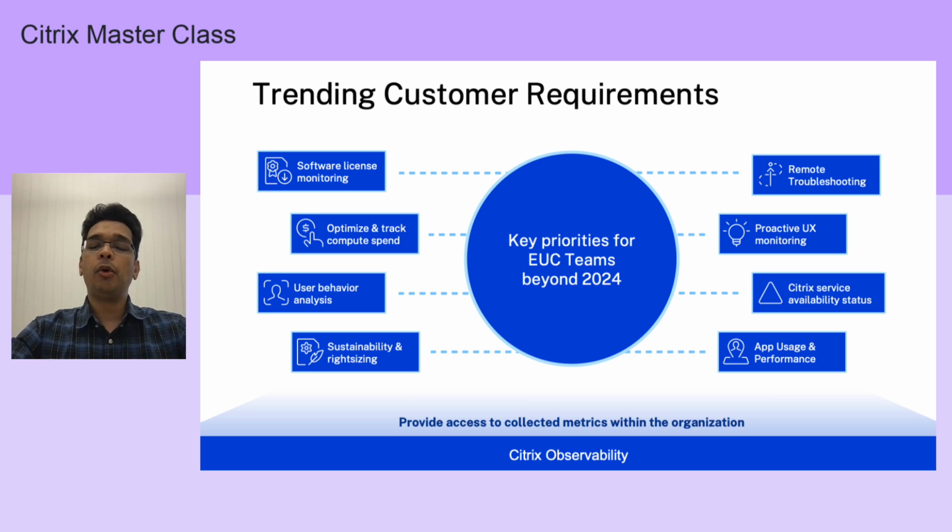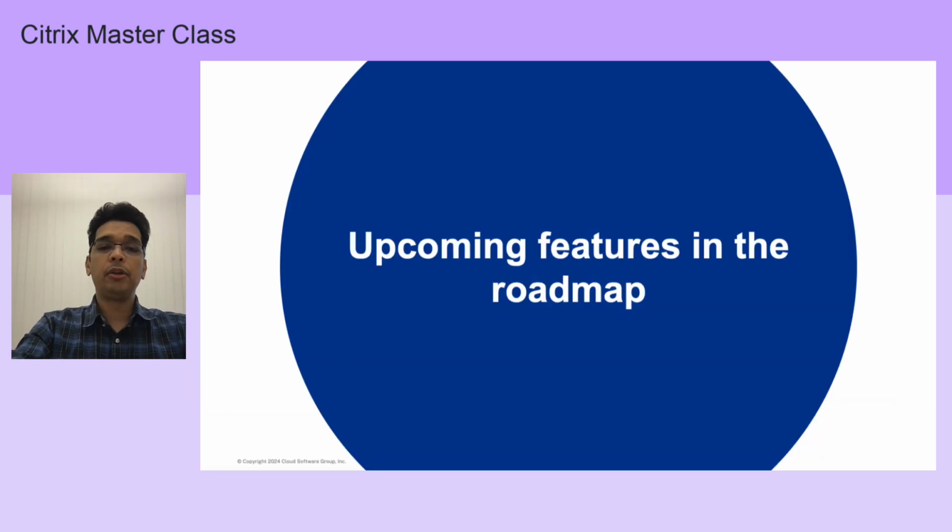So these were the overall trending requirements, and our roadmap is pretty much aligned to all of these, what we have heard from you. Now I'll go ahead and start with a brief update on the roadmap items on Citrix Observability.